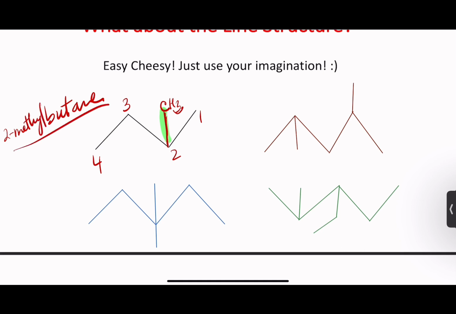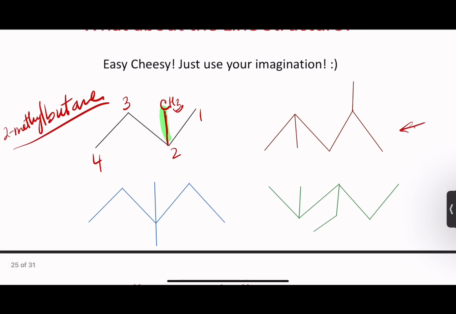Okay, and I'm gonna go with the one here on the left. It doesn't matter whichever way I start numbering, from left to right or right to left, it will be 1, 2, 3, 4, 5. So my branches will always be at 2 and 4.